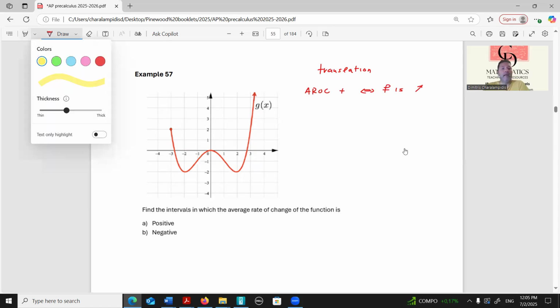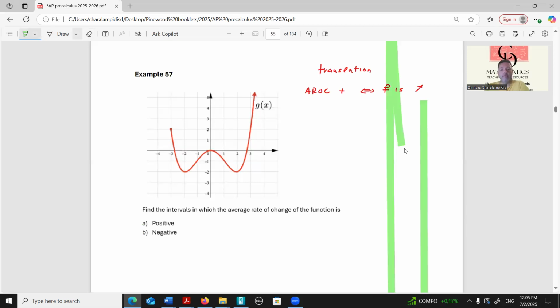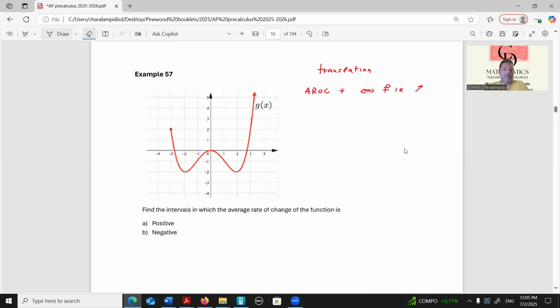So let me highlight that in green. F is increasing here and here.